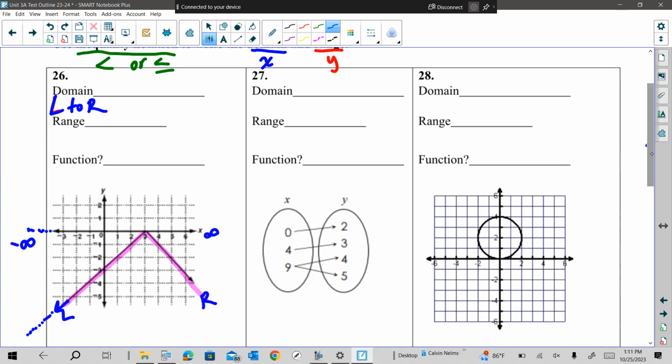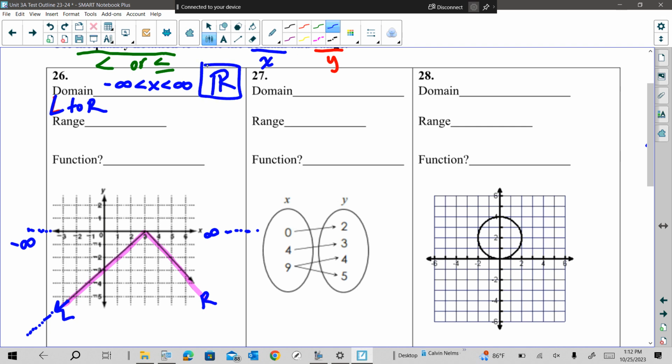So right now we're only doing the domain on this problem, not the range. Always scan from left to right because you're scanning the x-axis. Anytime we have negative infinity to positive infinity, this is your answer right here: all real numbers.